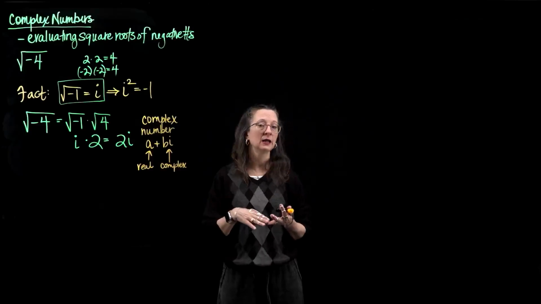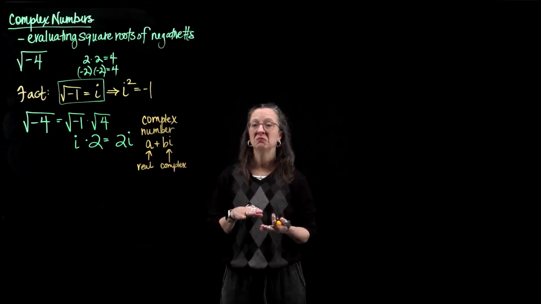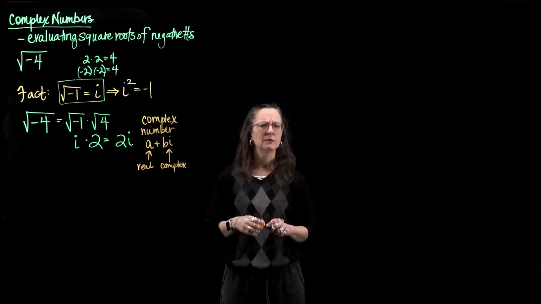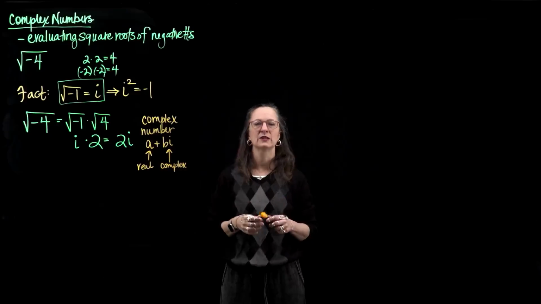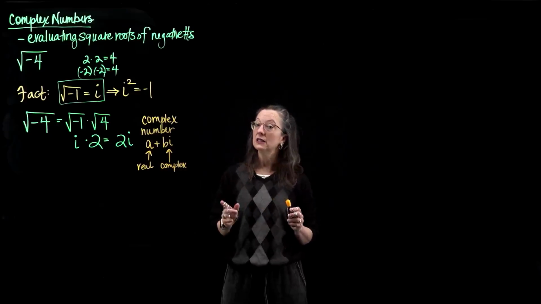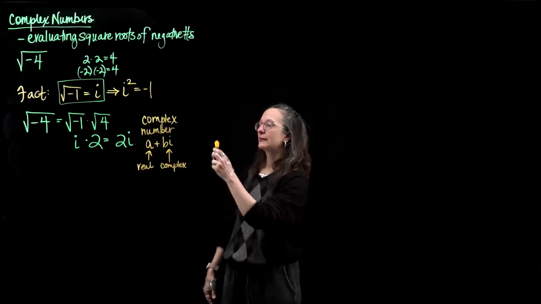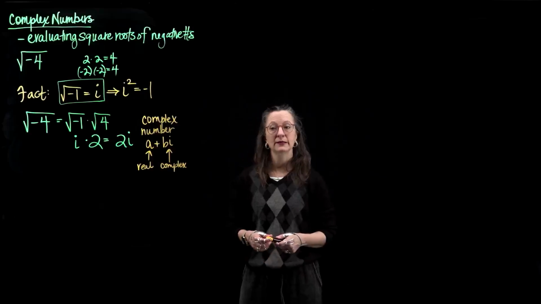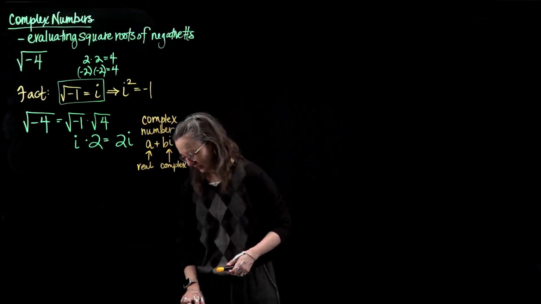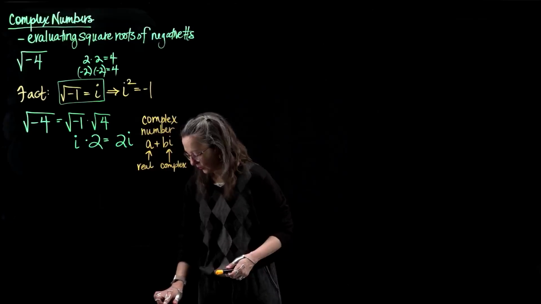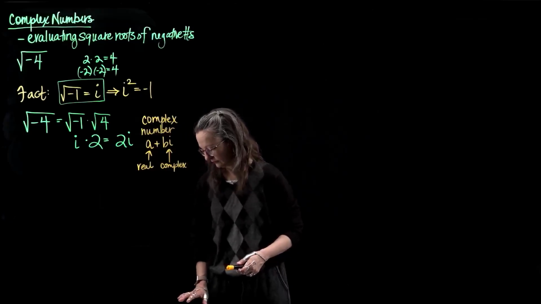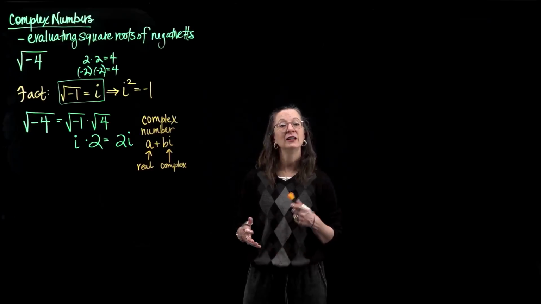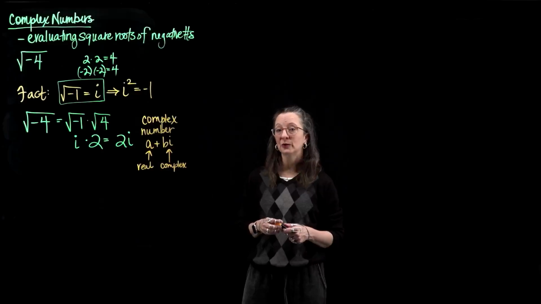When we're multiplying, adding, subtracting, that i is going to be treated mainly according to the same rules as any other variable. In this video, I want to talk about simplifying a negative square root using complex numbers. Now, if this feels like a new idea, it is. So hang on, and the more you work with it, the more comfortable you're going to be.